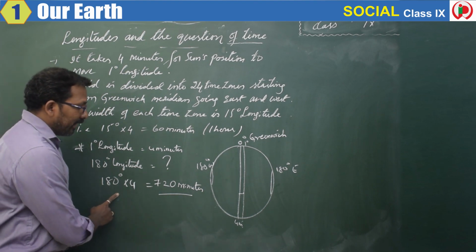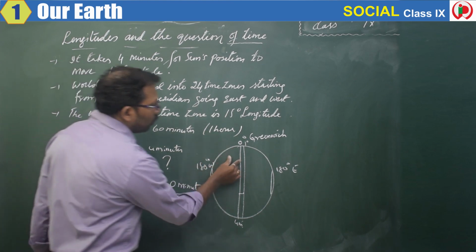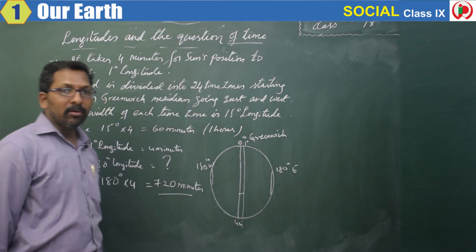So the sun takes 720 minutes to move from 0 degrees to 180 degrees of longitude.